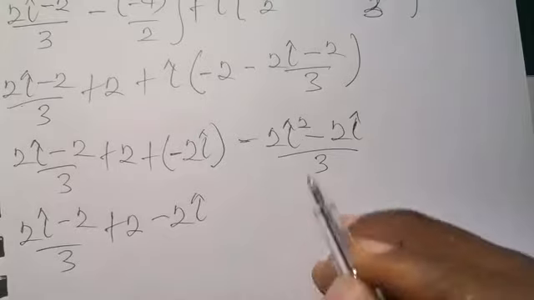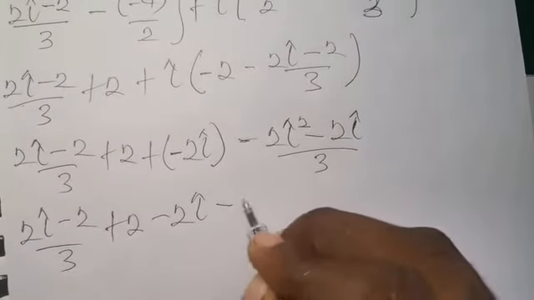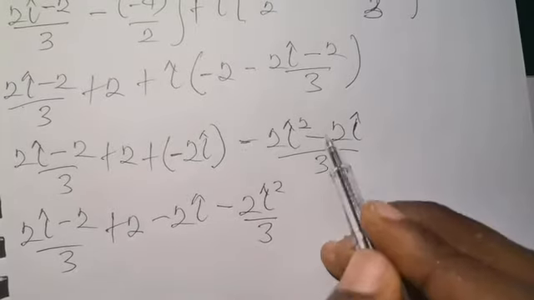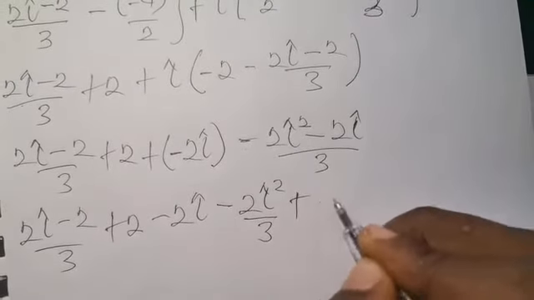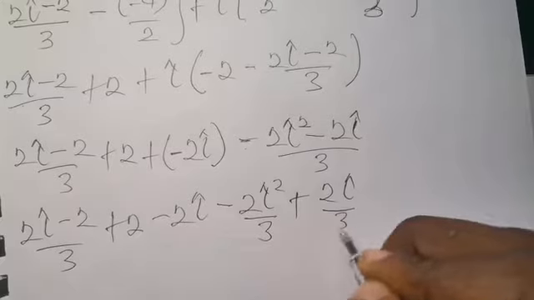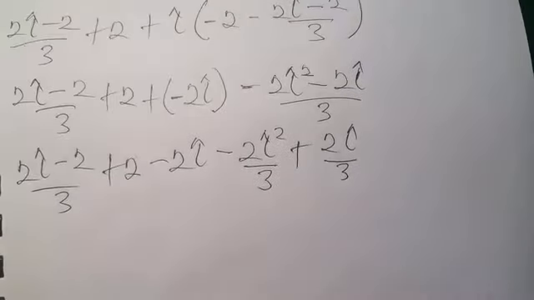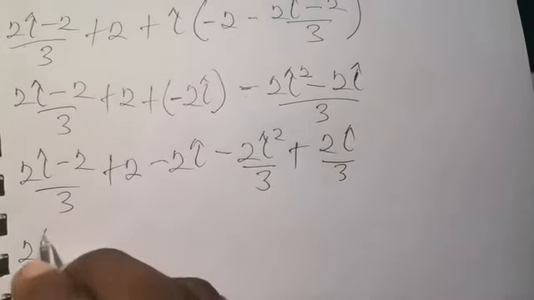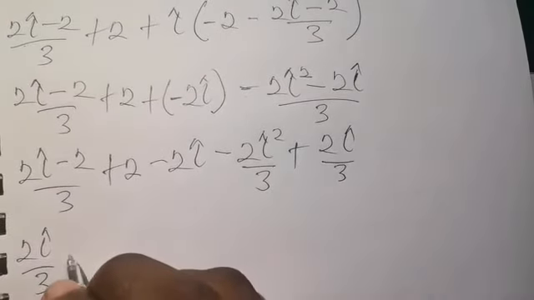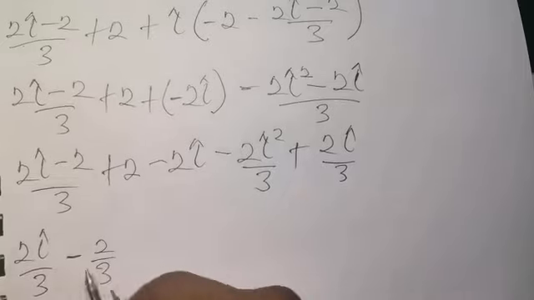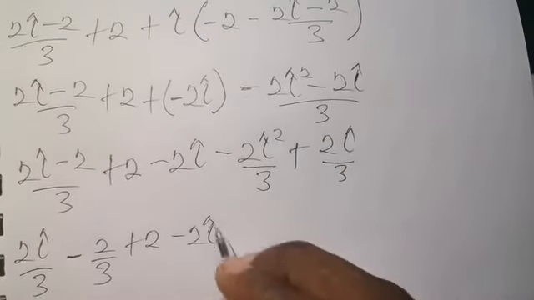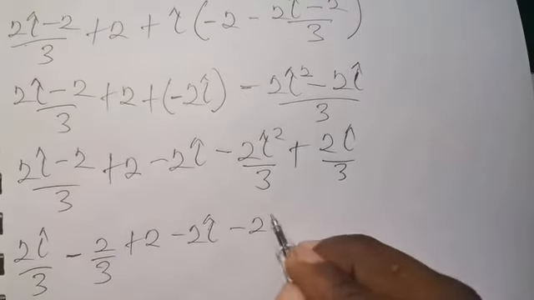We can break this down: minus 2i squared all over 3, minus 10, and this minus becomes plus 2i all over 3. We can also simplify this. This becomes 2i all over 3 minus 2 all over 3 plus 2 minus 2i minus 2.